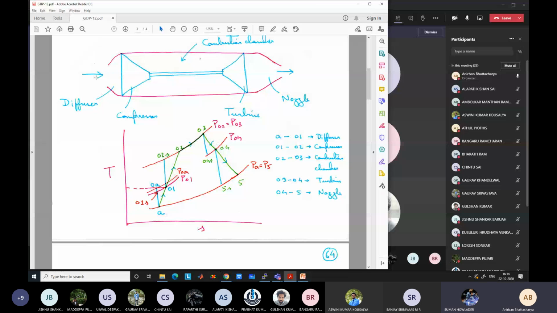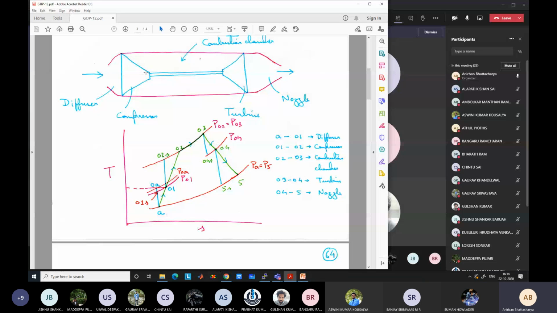The flight is not stopped; it is moving forward at velocity VA. So from the point of view of the aircraft engine, the air is coming in at velocity VA. Yes, but let us start with the static property. Static temperature is TA, static pressure is PA, and velocity is VA.